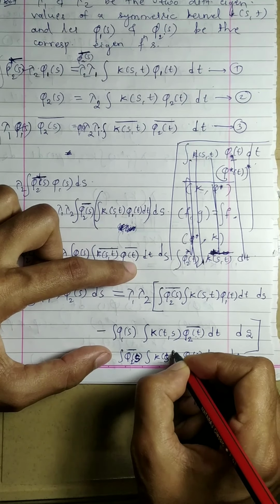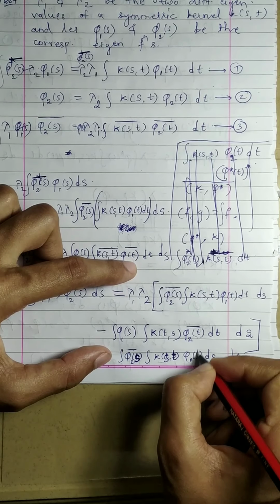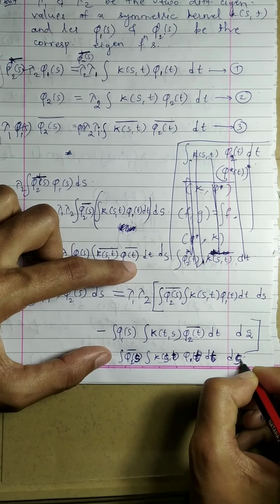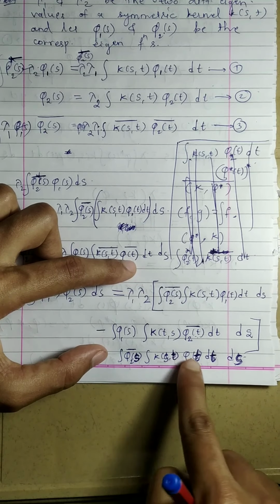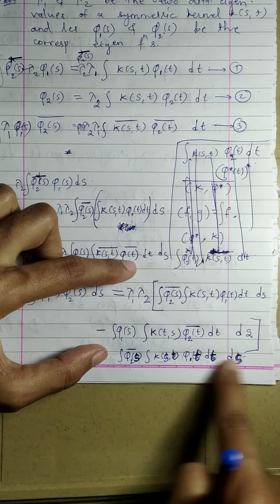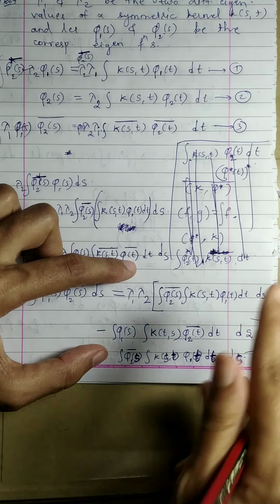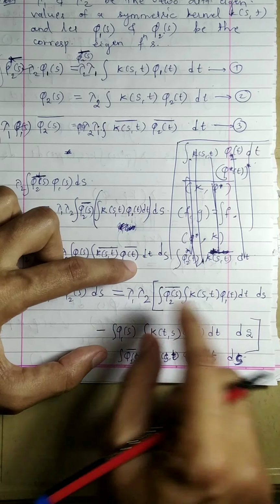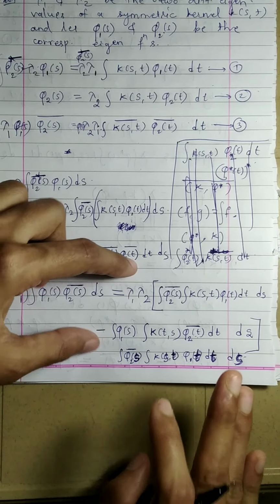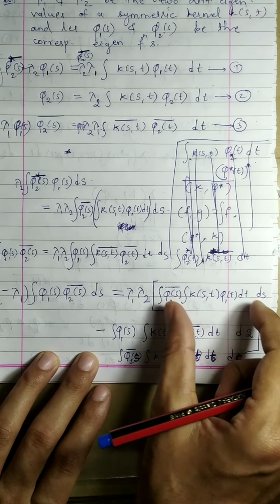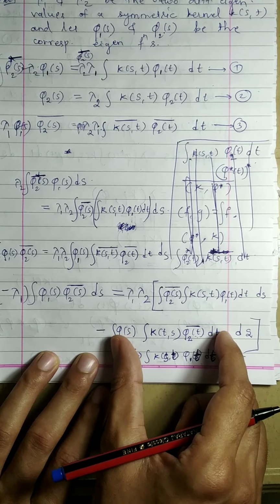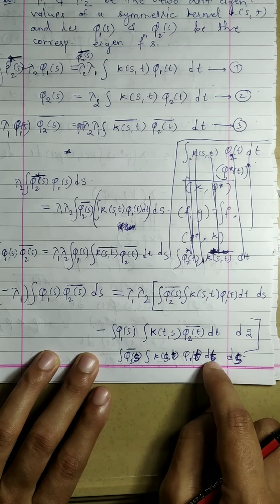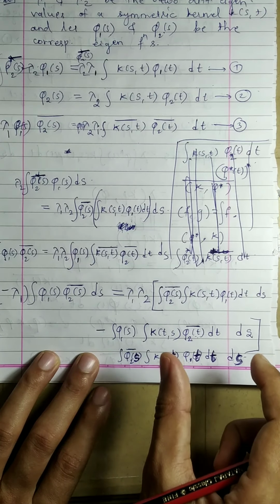So this is t, this is t, and this is s. Now you can clearly see that these two expressions are the same ones. So this minus this is 0, lambda 1 into lambda 2 into 0. So the RHS becomes 0. The only thing to observe is that it is this expression minus this one, but I can very well write it in this form, and hence the RHS becomes 0.